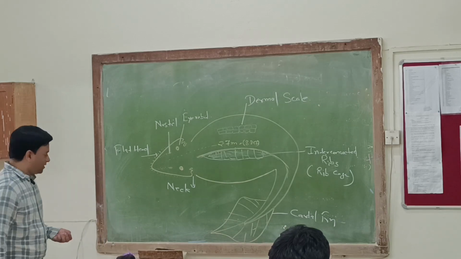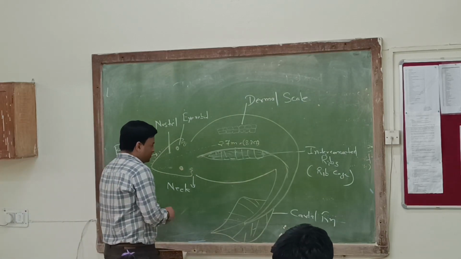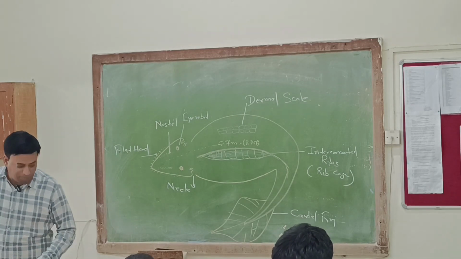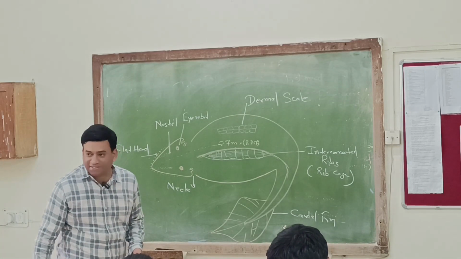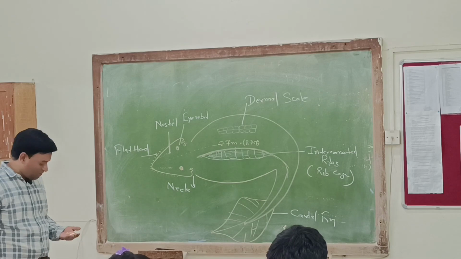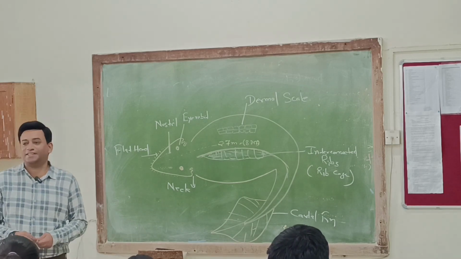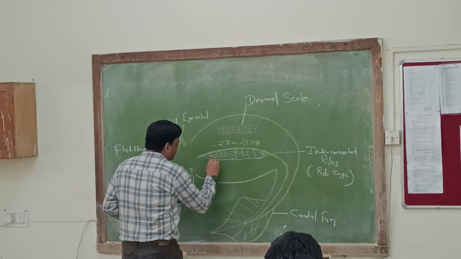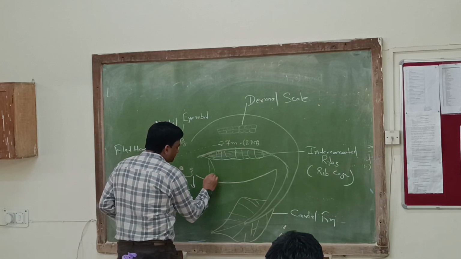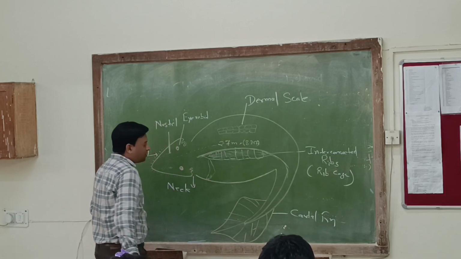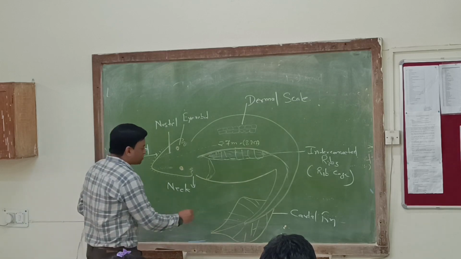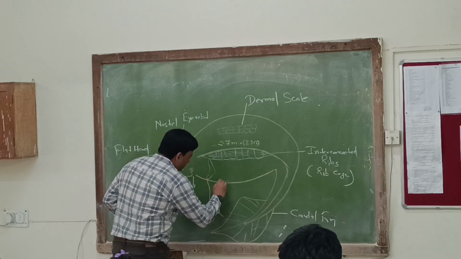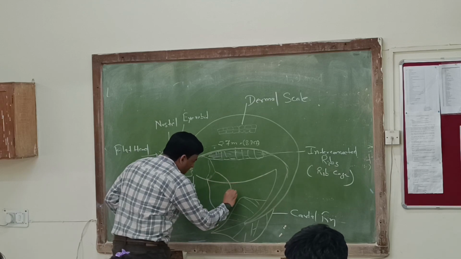But then it has got what? It has got pelvic and pectoral fins. Now we all know that fins are present in the fishes, not the amphibian. So you will find some sort of pectoral girdle, and attached to the pectoral girdle, what you will notice is a limb.